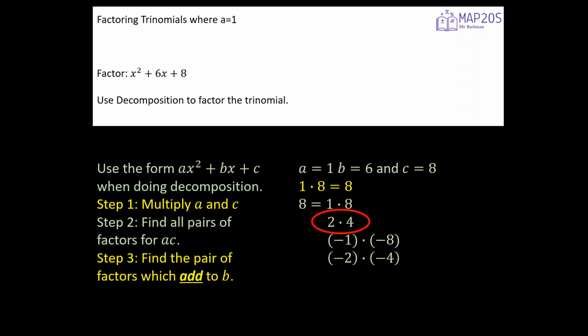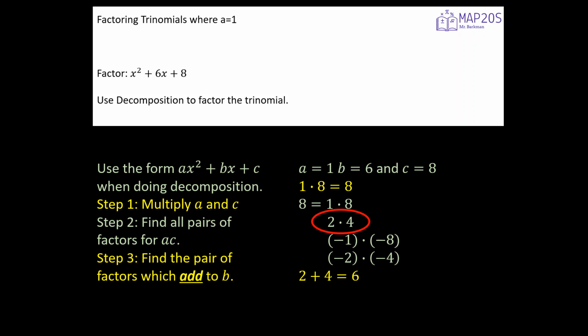That one works, because adding them together gives us 6. So 2 and 4 are the pair that work. You'll notice that the negative ones in there are not going to add up to a positive number, but if the middle number was negative, we would have to use the negative values. All right, let's remember the 2 and 4 as we move on to the next step in factoring.